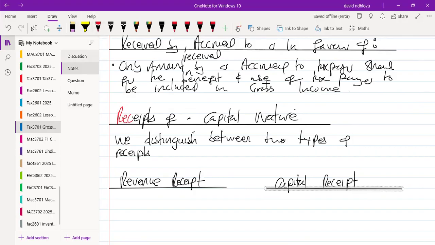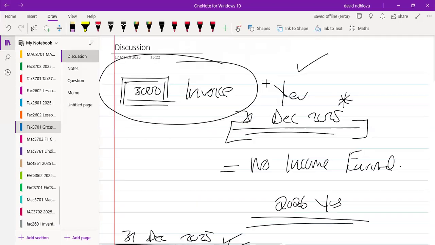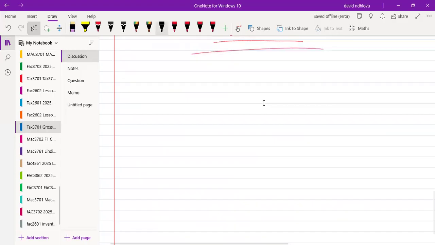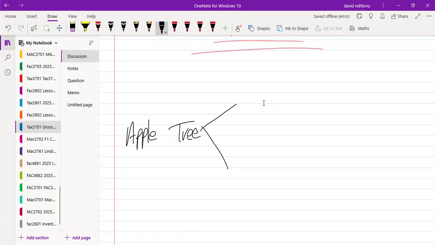Your textbooks, or your text material, normally give the example of an apple tree. There is the tree itself, and there is the fruit.